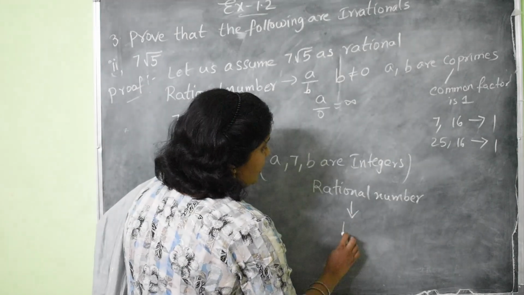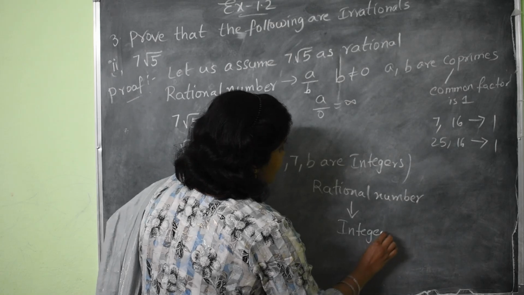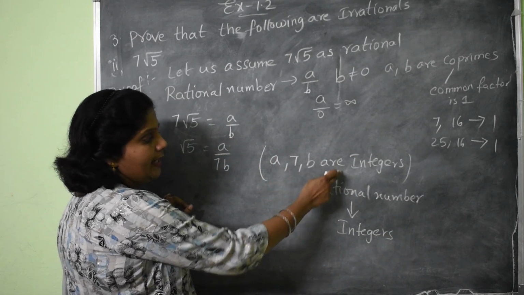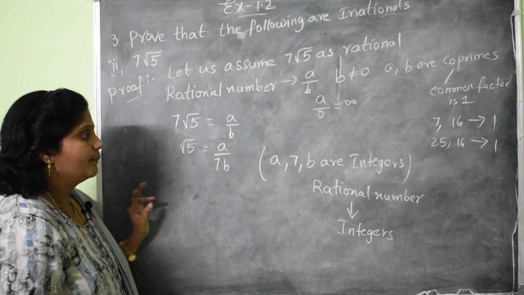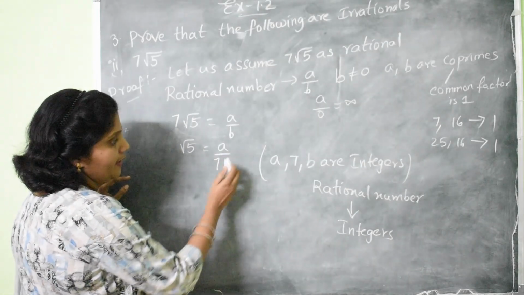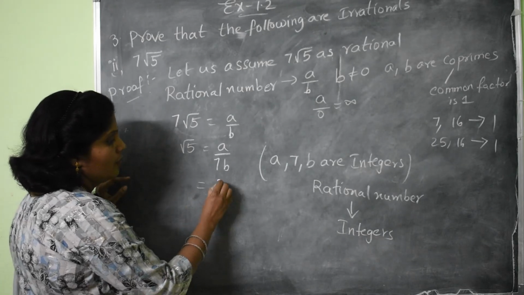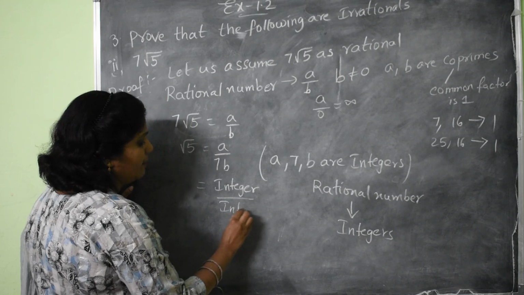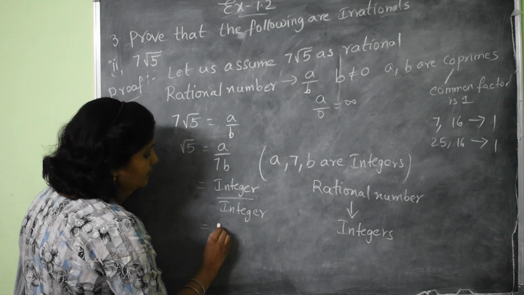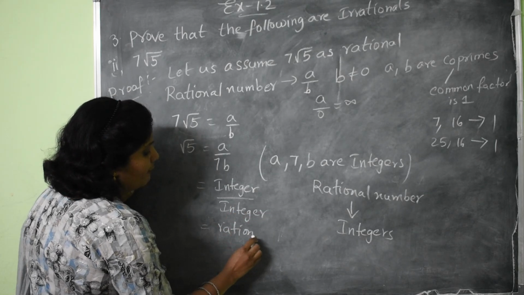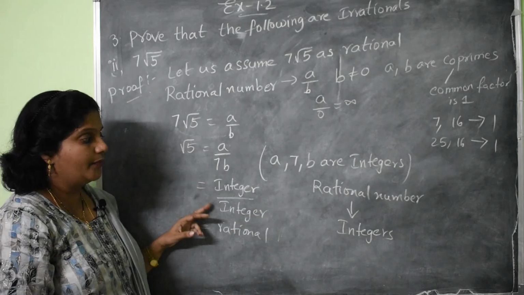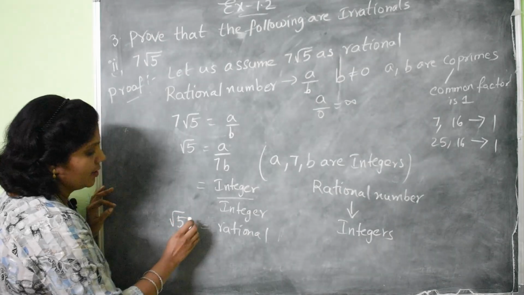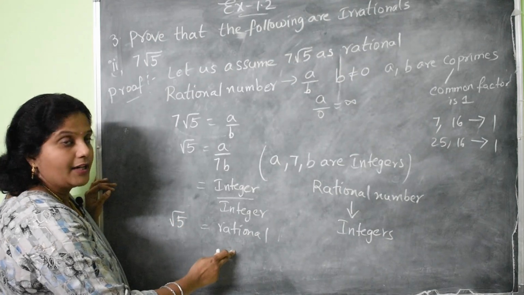So we have integer by integer, and when we divide an integer by an integer, what we get is a rational number only. So we got root 5 as a rational number.